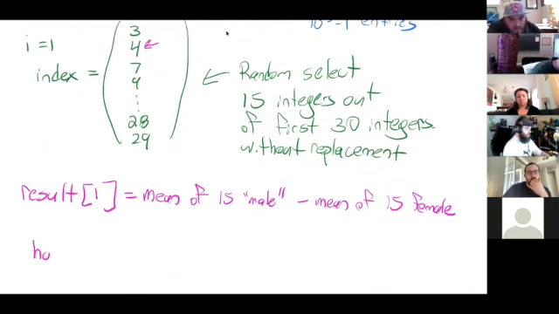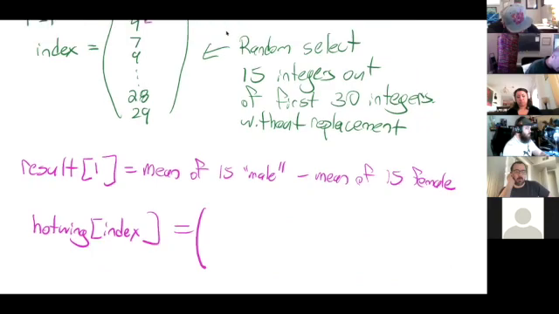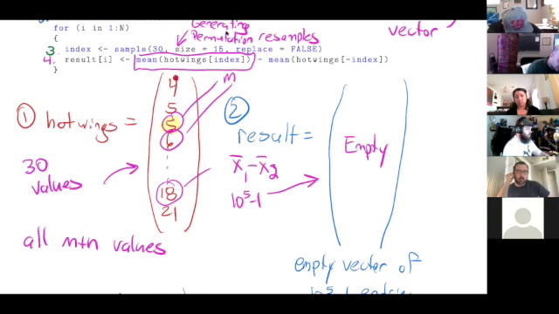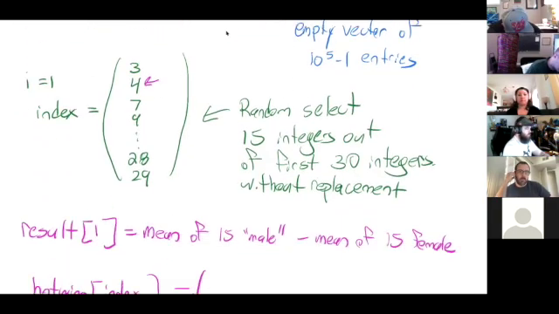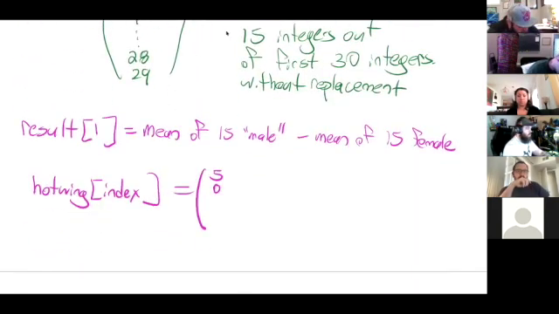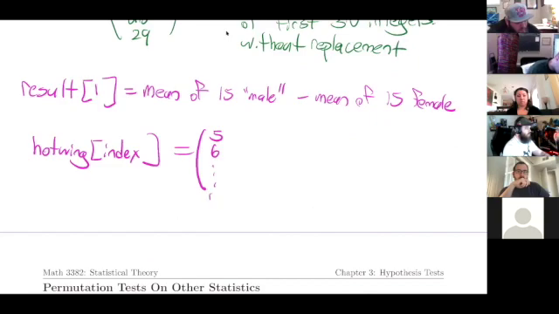This thing that's called hot wing index, the index were these numbers, and hot wing index is going to be the corresponding amount of wings that each person in this data set had. So if my index has person 3, I would say, well, person 3 had 5 wings. Person 4 had 6 wings. And then the 15th person in our data set was person 29, who had 18 wings.